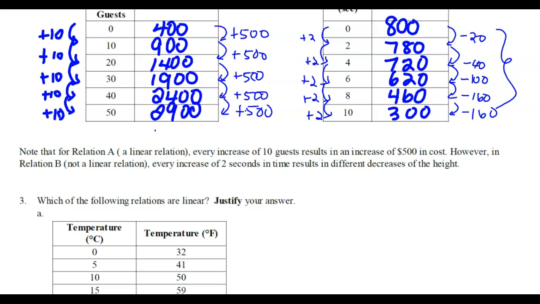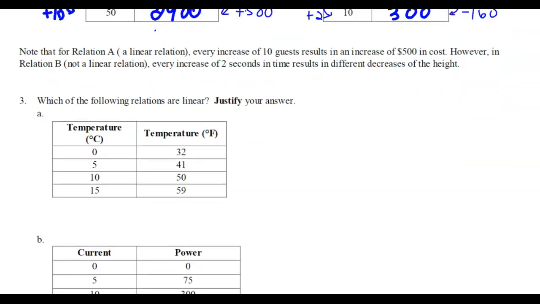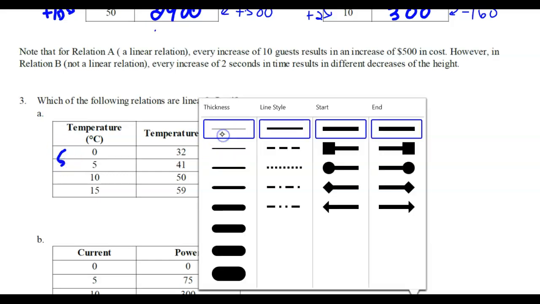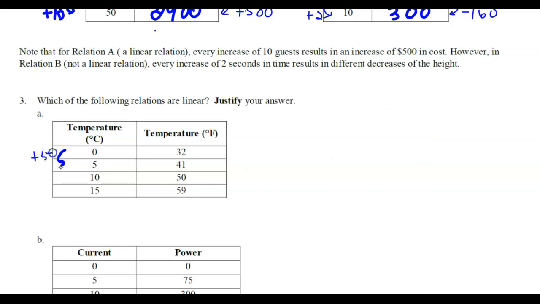So which of the following relations are linear? We're going to look at the table of values, and we're going to do the same thing because we don't have them graphed, and nor do you want to graph them. So here, notice how these are all increasing by 5. They don't all have to increase by the same amount, but it has to be proportional.